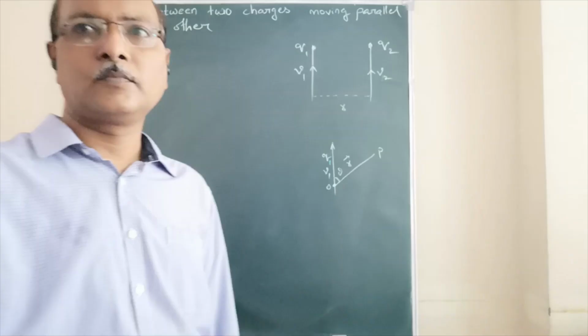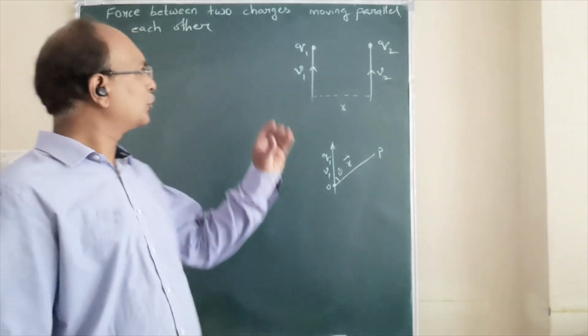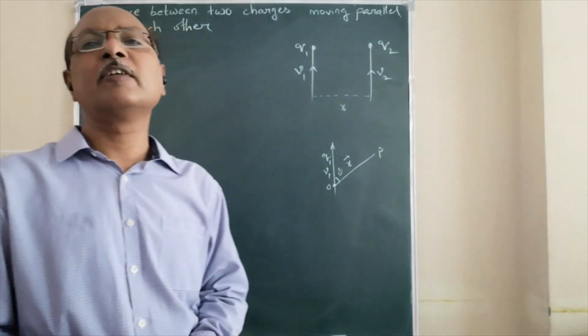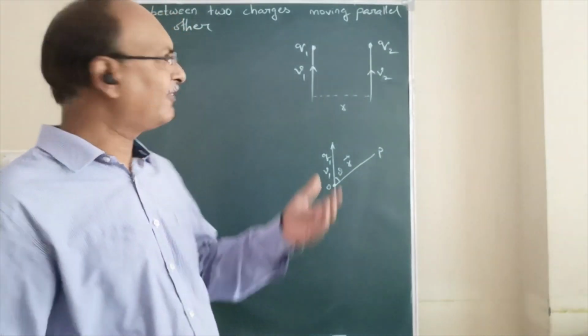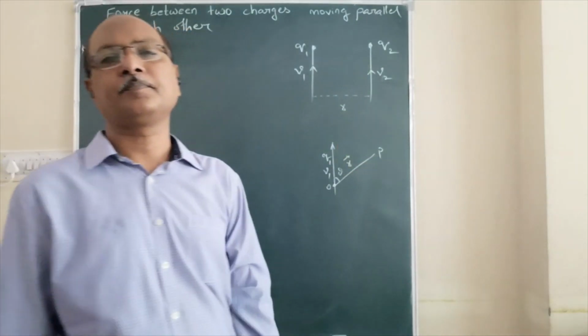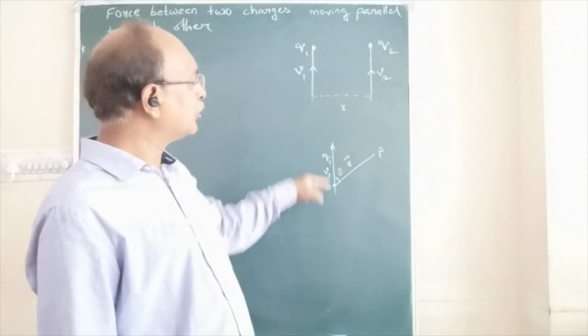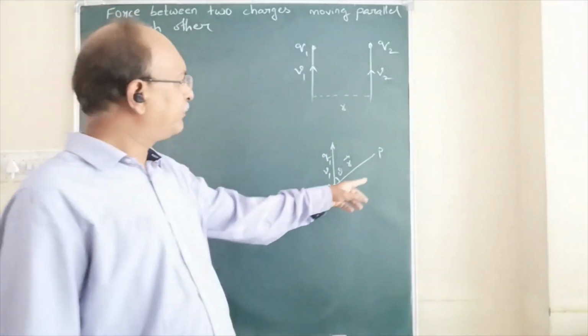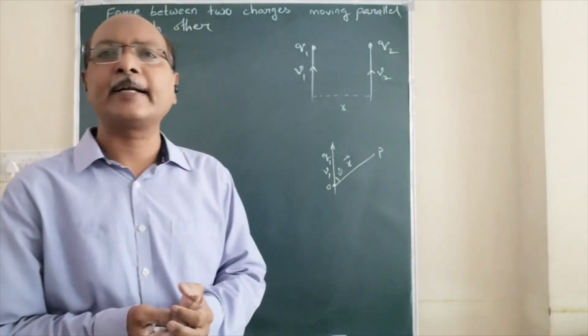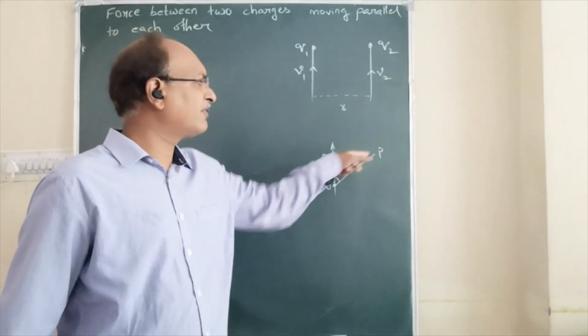So next, force between two charges moving parallel to each other with velocities v1 and v2. Here r is the separation between them. Now, whenever a charge is moving, P is a point where we want to find the magnetic field. So we use the Biot-Savart law. Here r is the position vector.